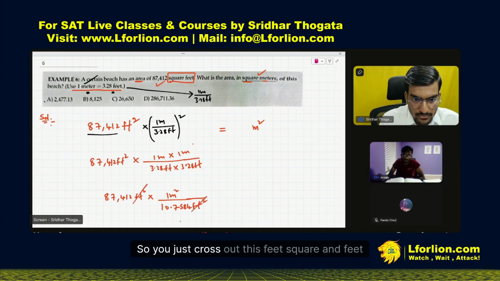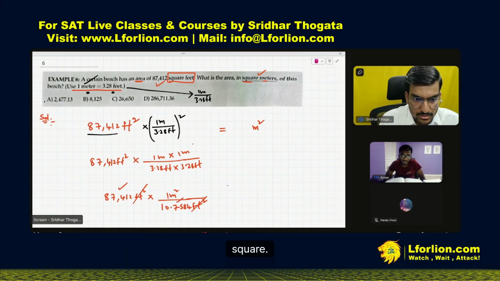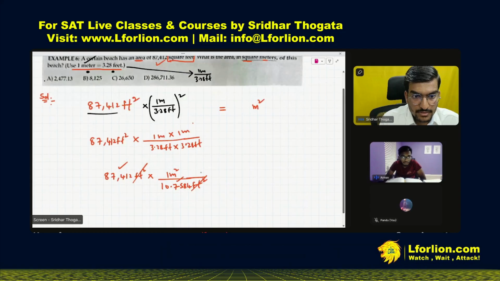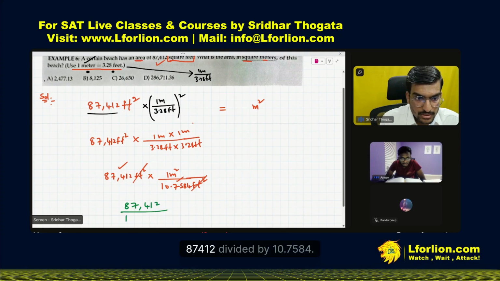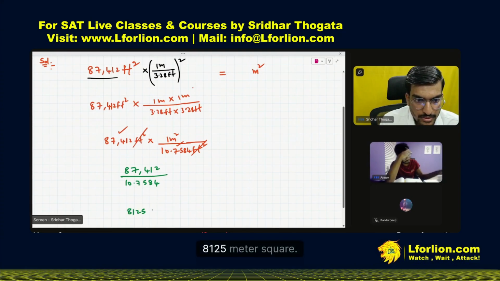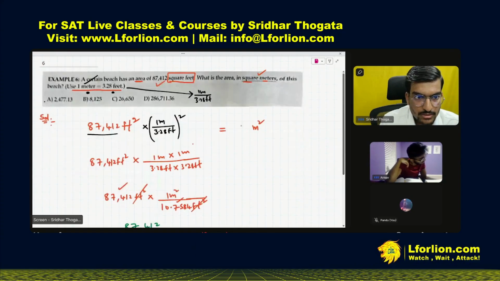So you just cross out this feet squared and feet squared. Just put this value in the calculator and tell me the final answer. 87,412 divided by 10.7584. It will be 8125. So it's option B, 8125 meter squared.